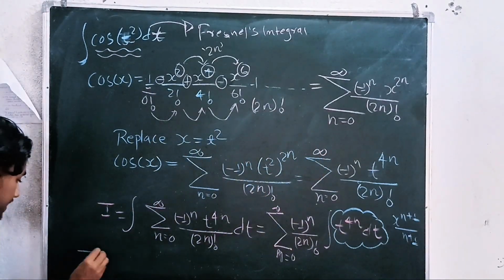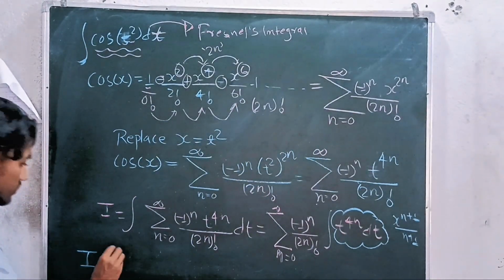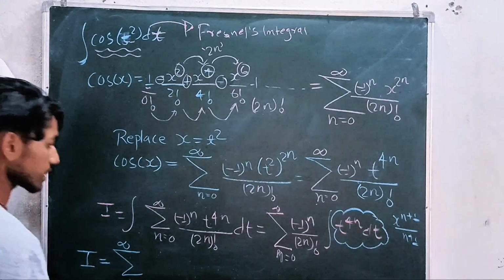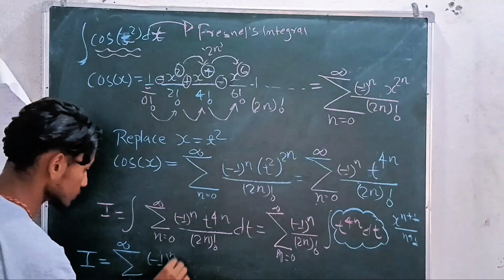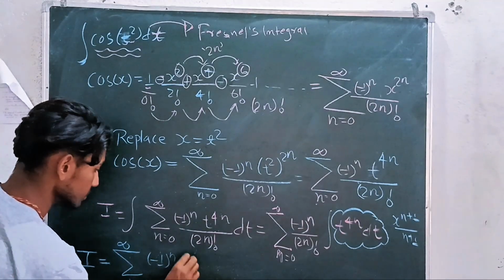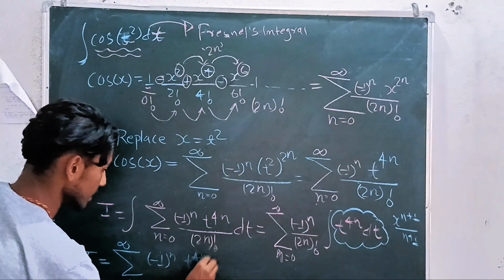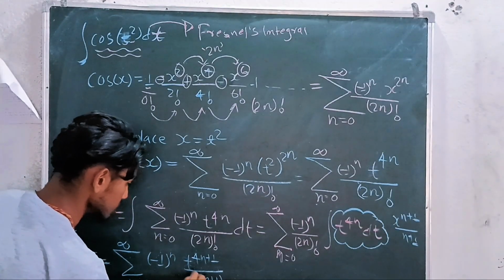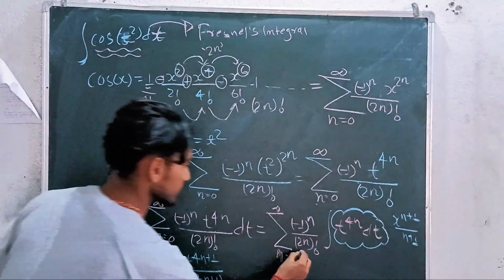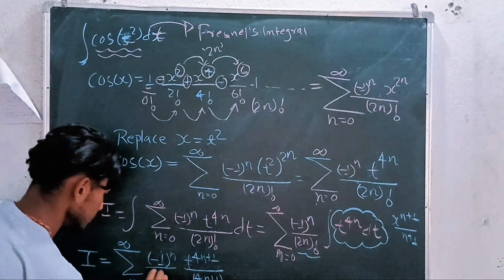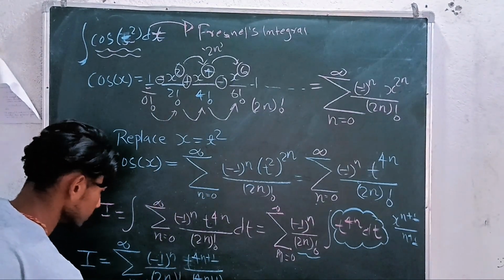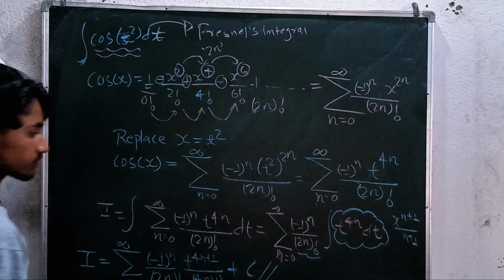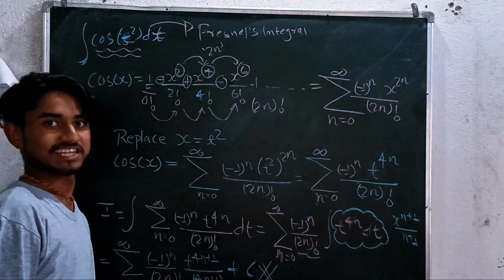So I can write I as the summation, n goes from 0 to infinity, of negative 1 raised to n times t raised to 4n plus 1 divided by 4n plus 1, and what we have left here is 2n factorial, with some integration constant c. So this would be our final integral.